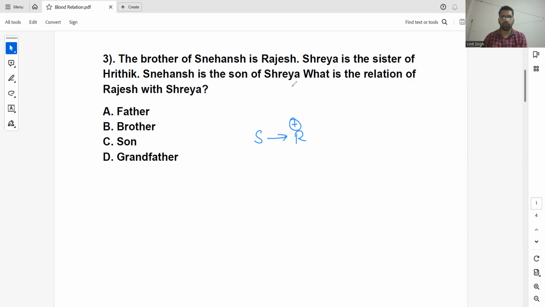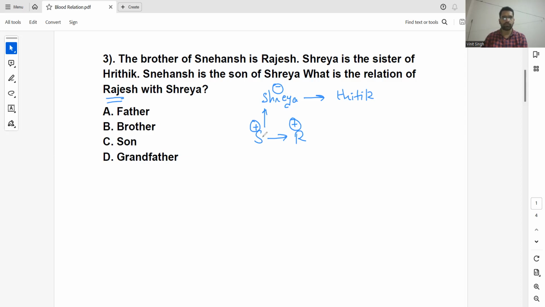Snehansh is the son of Shreya. Now, Snehansh is the son of Shreya. Shreya is the sister of Ritik. What is the relation of Rajesh with Shreya? Now, we have to find the relation of Rajesh with Shreya.